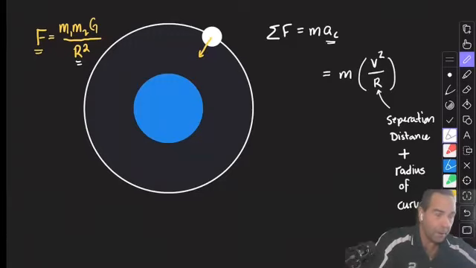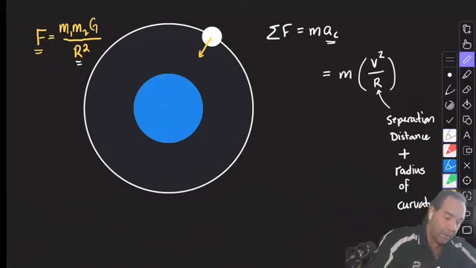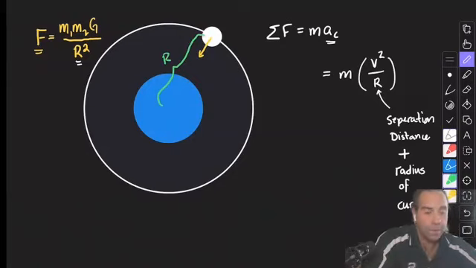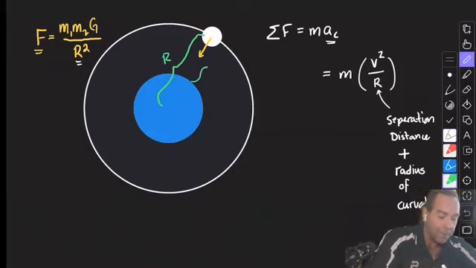So in this problem, we're assuming they are the same thing, that the radius of curvature is also the separation distance between them. That's not always true, and you need to start every problem by figuring out if that's true or not. It is not uncommon for them to give you the altitude in a problem. The altitude isn't the separation distance.